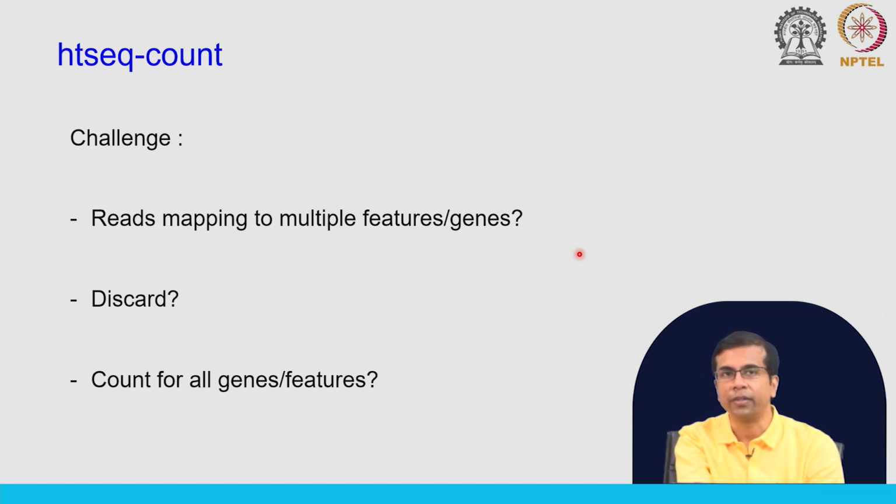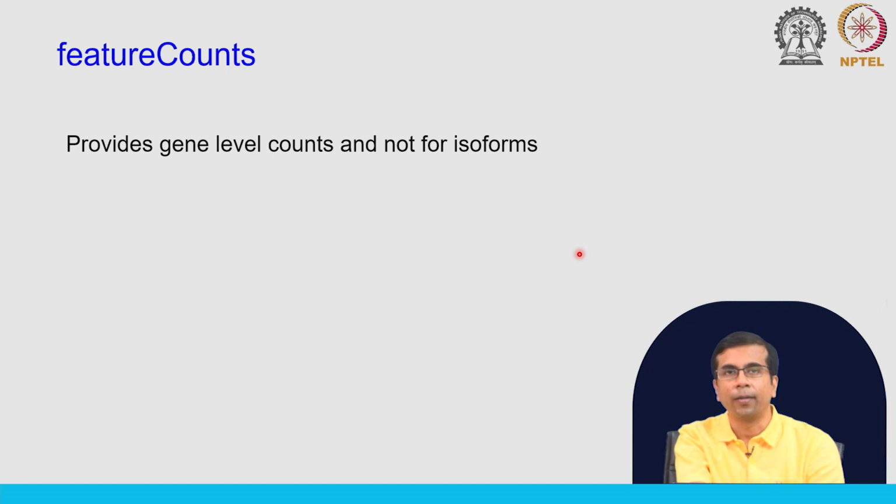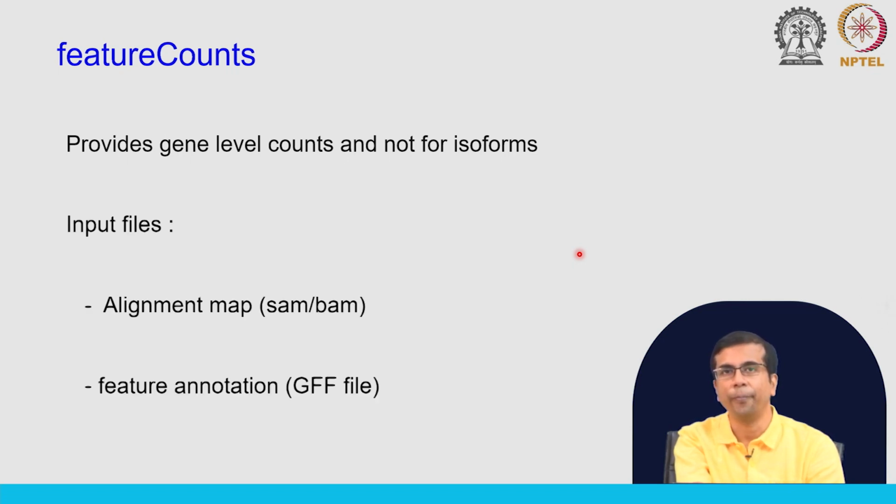Of course, there are more sophisticated models that can deal with reads that map to multiple features or multiple genes. There is another tool called featureCounts, which is very similar to HTSeq-count. It provides gene level counts, and it will not provide any count for isoforms. As we have seen, doing this for isoforms is very difficult, especially identification of isoforms from short read data.